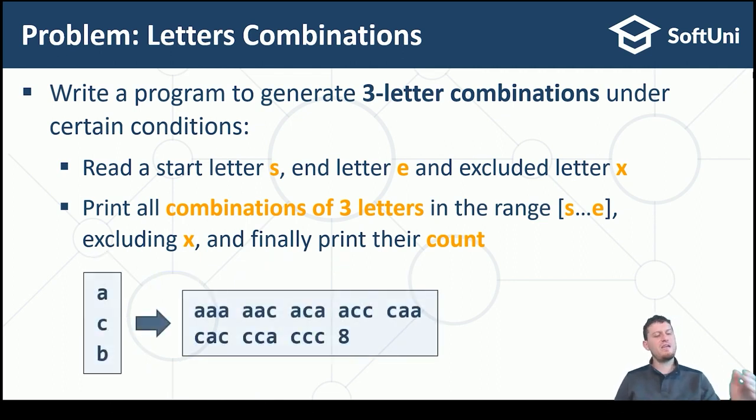If we have from A to C but without B, this means that using only the letters A and C, print me all combinations of 3 letters. And they are totally 8. This is the count of these combinations. How many are they in total?